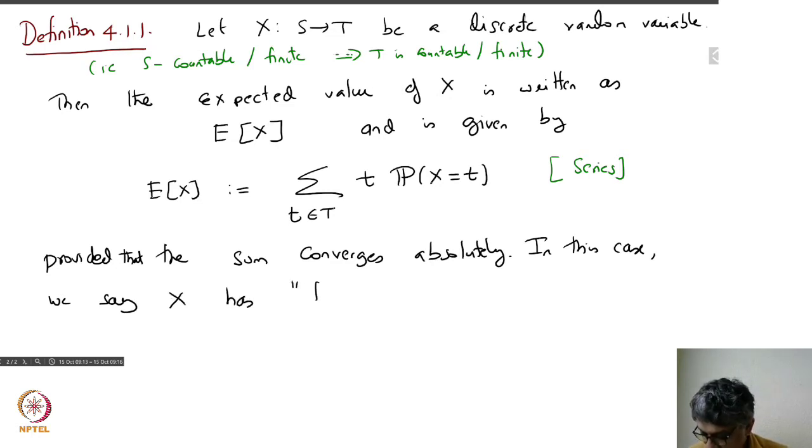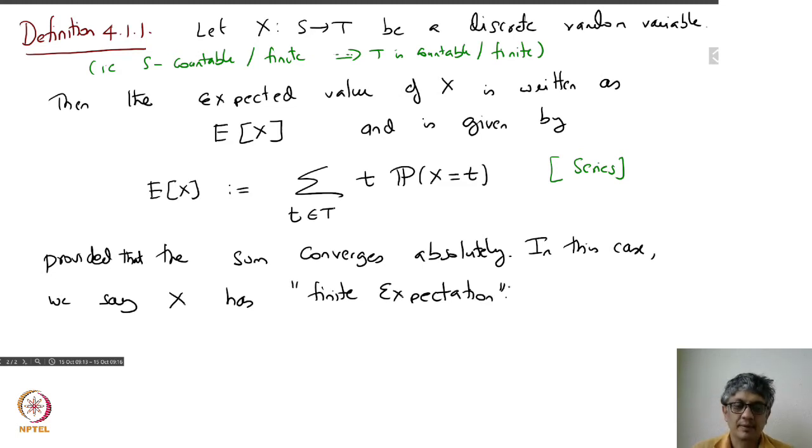Okay, very nice. So the idea is clear. When this sum converges, we say X has finite expectation.